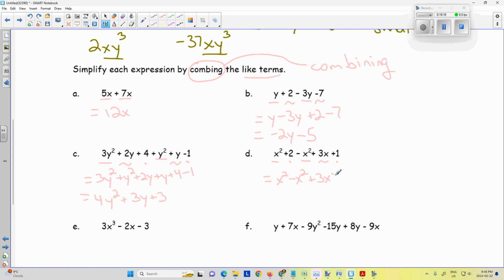Plus 2 plus 1. X squared minus x squared would be 0. Plus 3x plus 3. And I'm just going to have 3x plus 3. Check that. Hopefully I got it right.